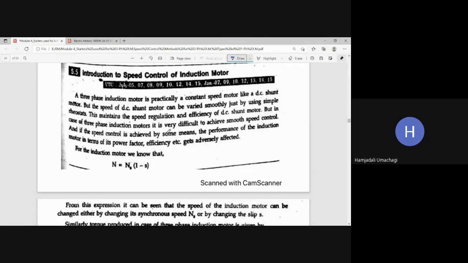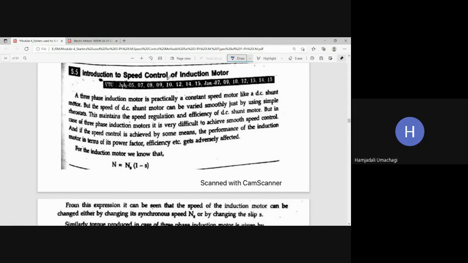But if you take your DC shunt motor, its speed can be controlled very smoothly, which is going to give us smooth speed regulation and efficiency for DC shunt motor. But it is not the same for the induction motor. Though the induction motor is a constant speed motor, whenever we are trying to control its speed smoothly, the other factors of the three-phase induction motor, like performance characteristics such as power factor and efficiency, are going to get affected.